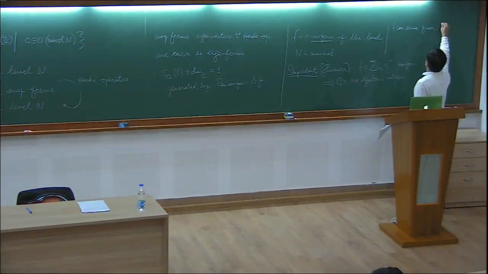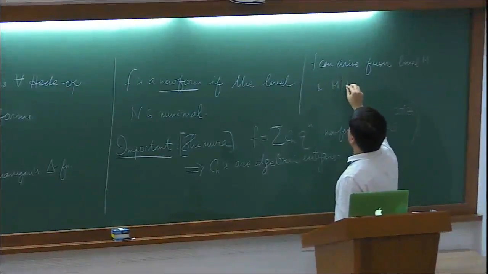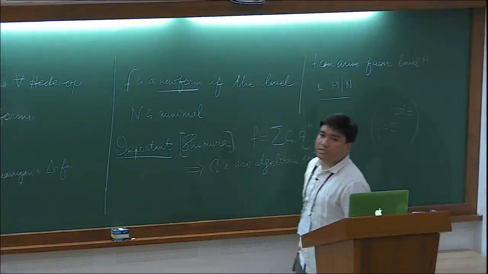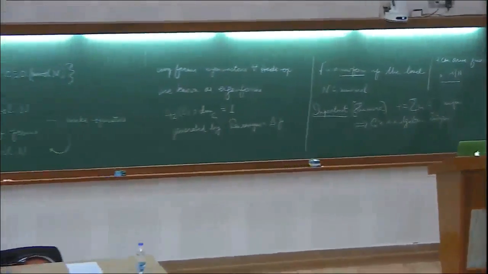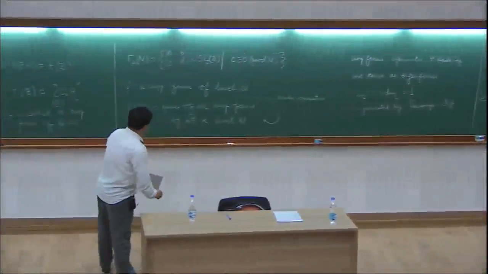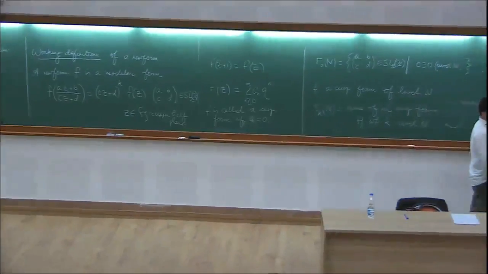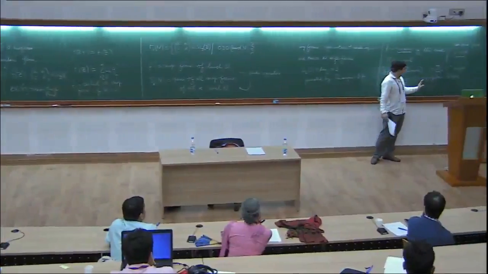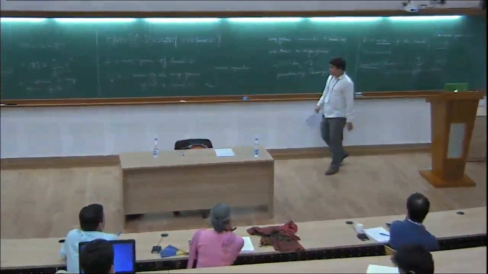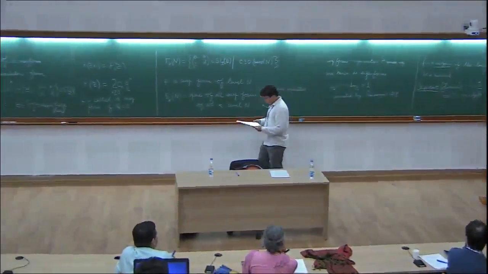It can arise from level m dividing n. Okay, so this does not happen, and you say that F is primitive. But you can forget everything and remember only this part: new form means that there is a power series expansion where the Cn's are algebraic integers and you somehow know how to calculate them. That's the only thing that you have to remember.